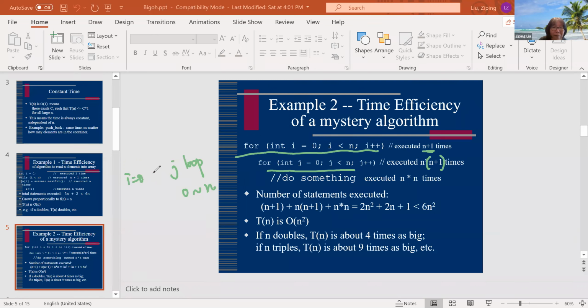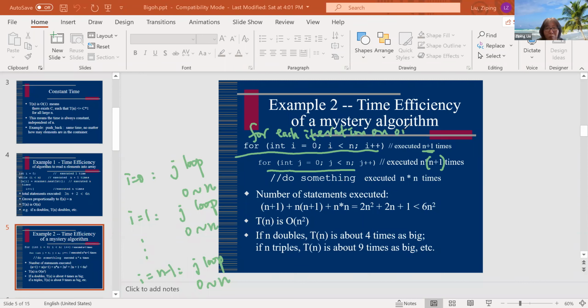When I is 0, J will loop from 0 to N. When I is 1, J will still loop from 0 to N. And till I is N minus 1, J will loop between 0 to N. So for each iteration of the outer loop, how many times is the inner loop going to be executed?